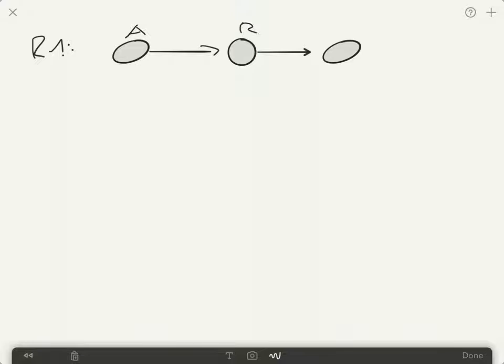So rule number one is if we have some chain of random variables in the graph with A, B and C, and what we want to know is: given B, are A and C independent?